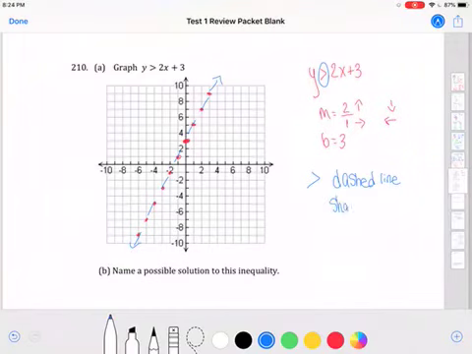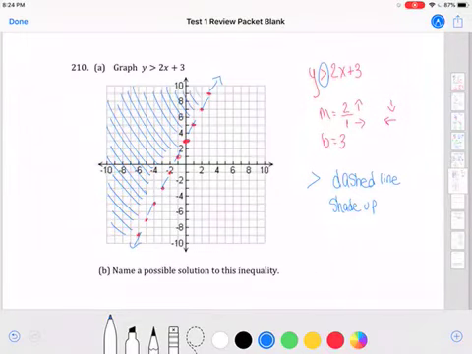Because it is a greater than, I'm going to shade up, towards the top of the graph. Here is where my shading falls. That's where all of my solutions are going to be, in the shaded area. None of the red points on my grid are part of the solution, just what's in the shading.